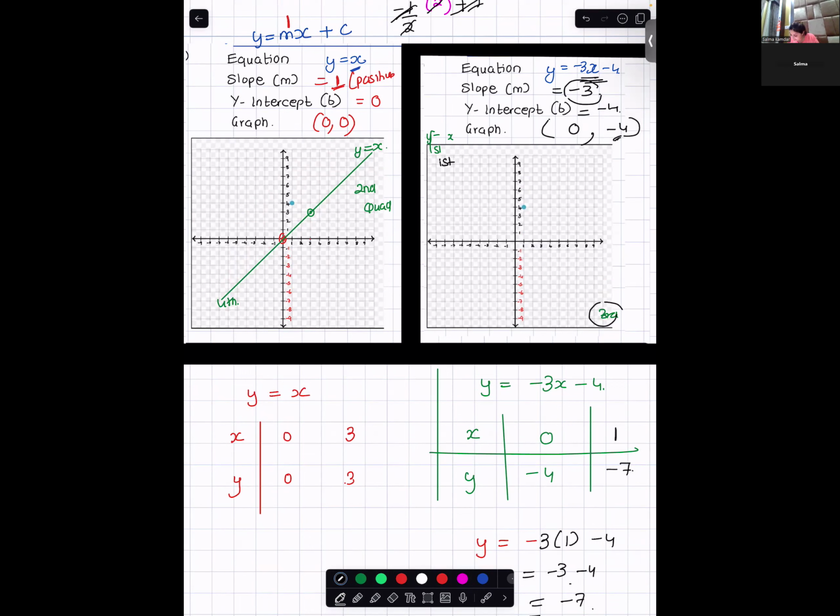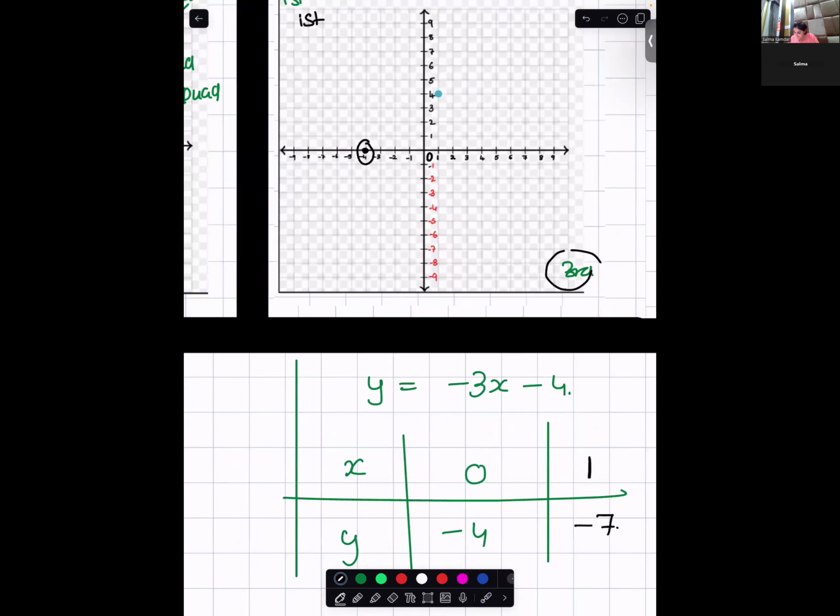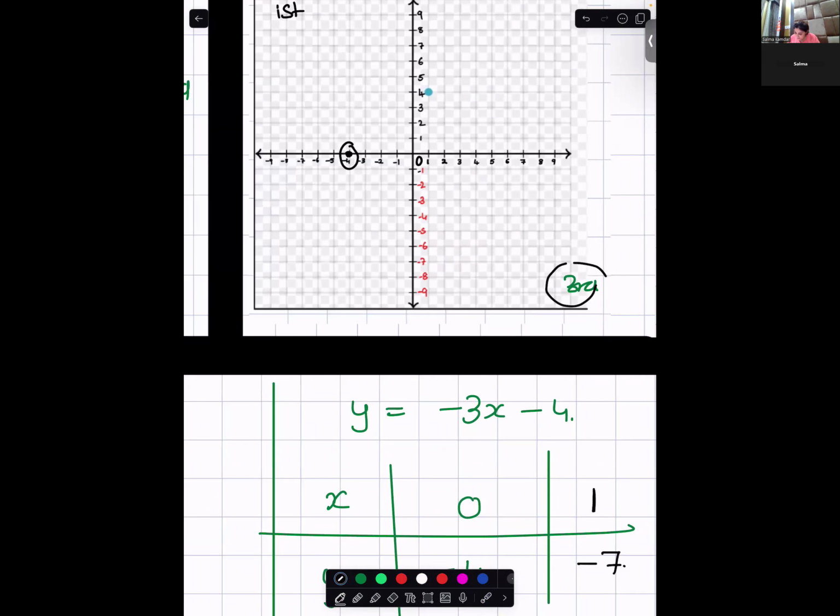First point, 0, minus 4. Second, 1, minus 7. So 1 is over here, and minus 7 over here on the y coordinate.